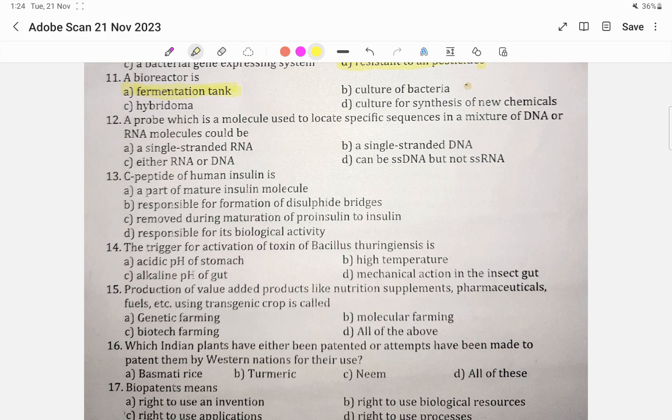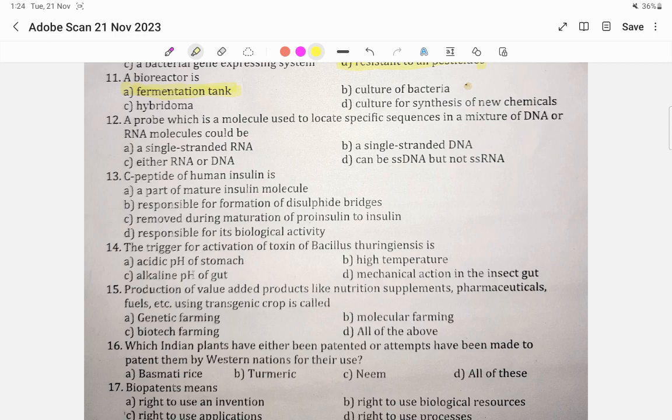12th question, a probe, which is a molecule used to locate specific sequences in a mixture of DNA or RNA molecules, usually they are radioactive nucleotides. So what is the probe molecule made up of? Is it made up of a single stranded RNA or a single stranded DNA? Either RNA or DNA.